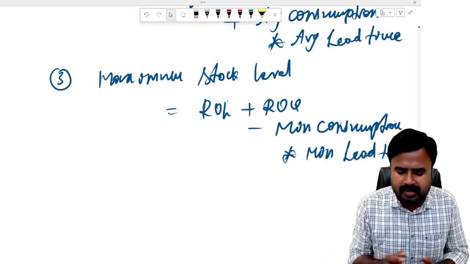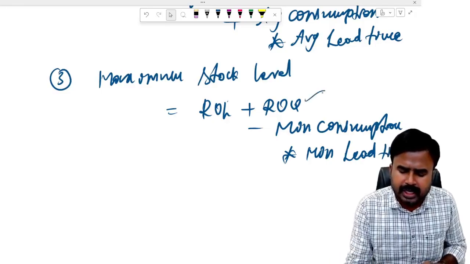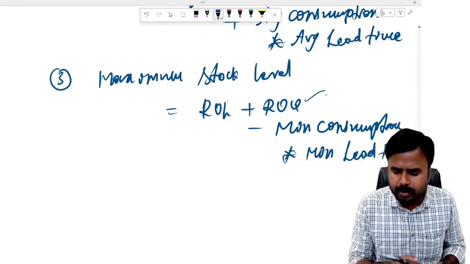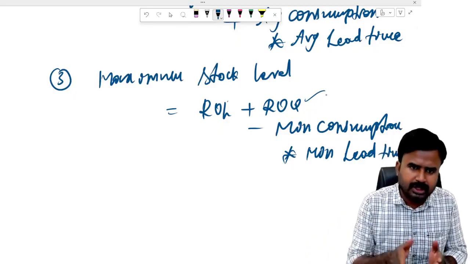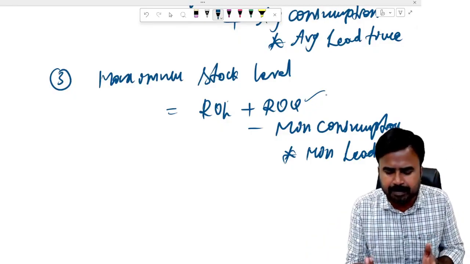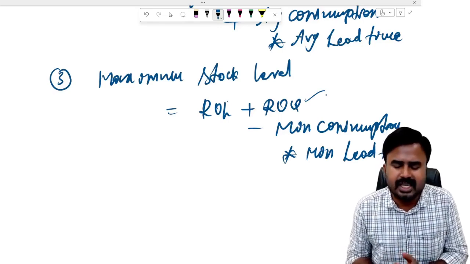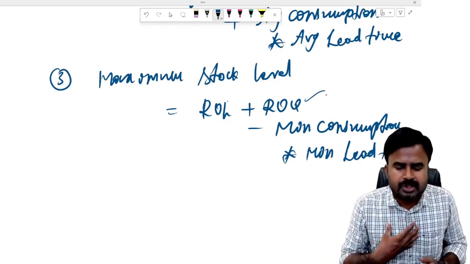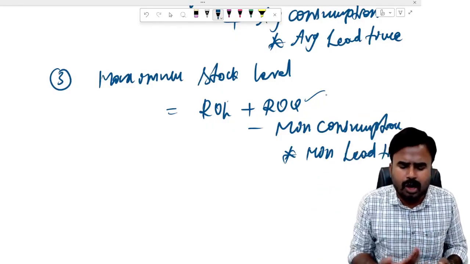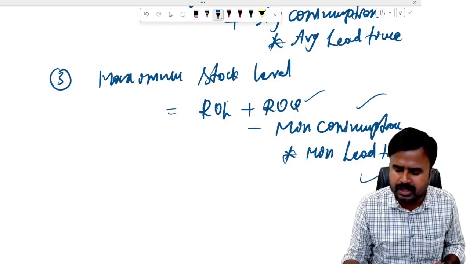So from reorder level, I'll place a fresh order. That's the reorder quantity. It takes some time to receive it. If you deduct the consumption during the minimum lead time, then I'll get the reorder quantity so that I can reach the maximum stock level. How can you reach the maximum stock level? Because my consumption is minimum for this minimum lead time.